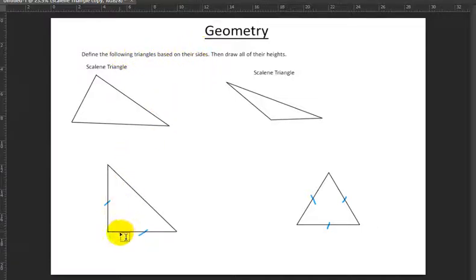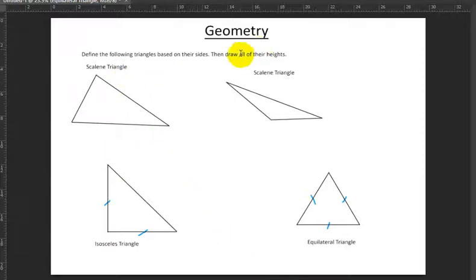Saying that it's a right angle, so it's a right triangle, is something about its angles, not its sides. From its sides, what we can see is it has two equal sides. Triangles that have two equal sides, yesterday we called them isosceles triangles. And when they have all three of their sides being equal, we call them equilateral. So this is an equilateral triangle.